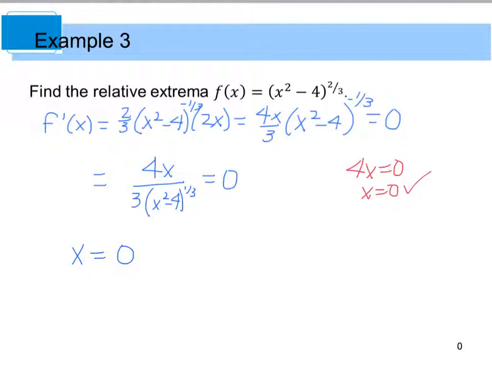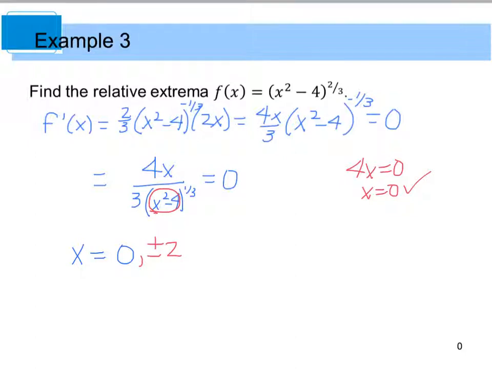So that's taken care of. Now, one other thing we have to look at is whether there are any values of x that are going to make my denominator undefined. And in this case, there is. If I make my x value either positive or negative 2, that's going to make this whole piece go to 0. And because of that, those are considered critical numbers as well.